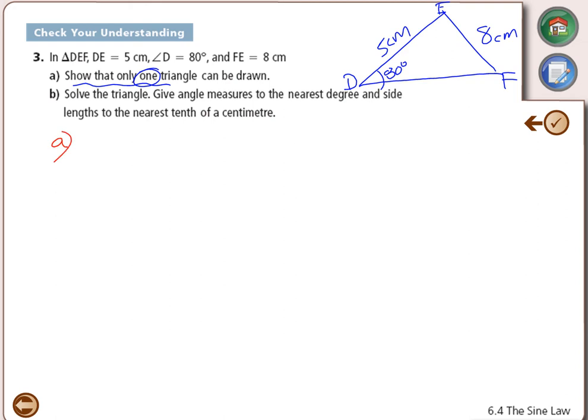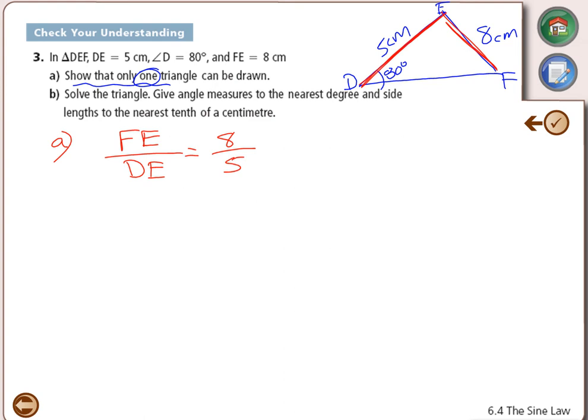Okay, well, the rule there is talking about the relationship, the ratio of DE compared to EF. So we're going to do that. FE compared to DE. FE was 8 centimeters. DE is 5.